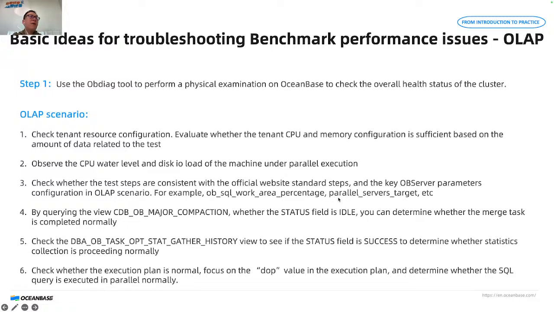The first one, by querying this parameter, whether the status field is idle, you can determine whether the merge task is completed normally. The fifth one, check this parameter to see if the status field is success to determine whether statistics collection is proceeding normally.